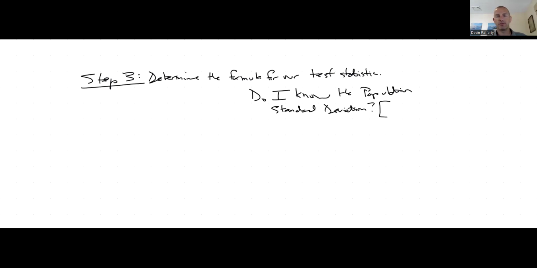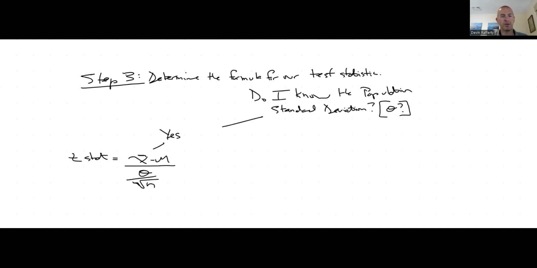Okay. Do I know sigma? If the answer is yes, then our test statistic formula, the t-stat, will be equal to x bar minus mu, over sigma divided by the square root of n.